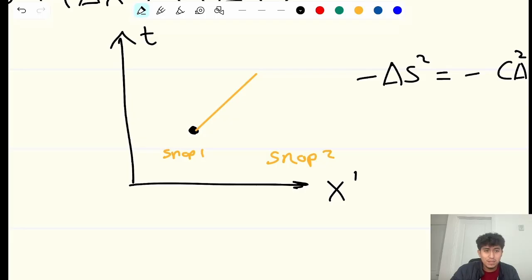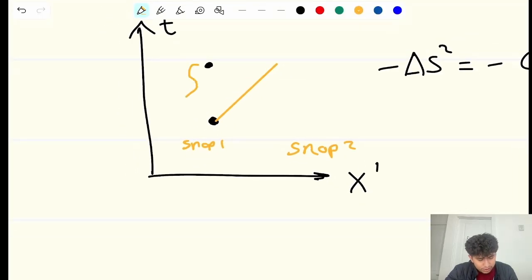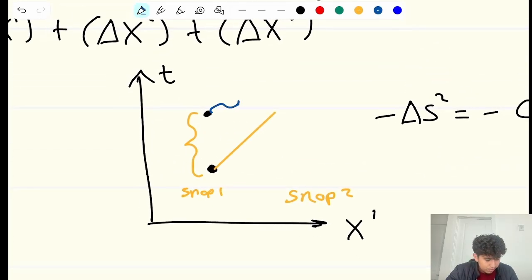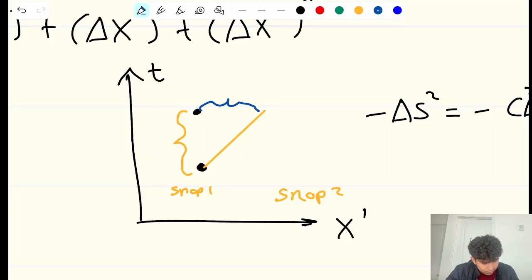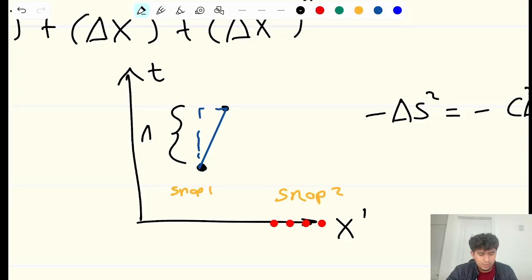And now, let's do the math, like why this makes sense mathematically. Imagine we have any point that is above this line. Let's say here. So you believe me that this separation here is going to be greater than this separation. Let me draw it even more exaggerated. Something like these two events. Let's draw a line. Then you can do a triangle here. So the biggest separation is going to be time, and the smaller separation is going to be space.